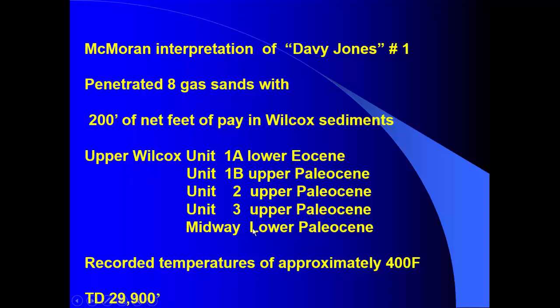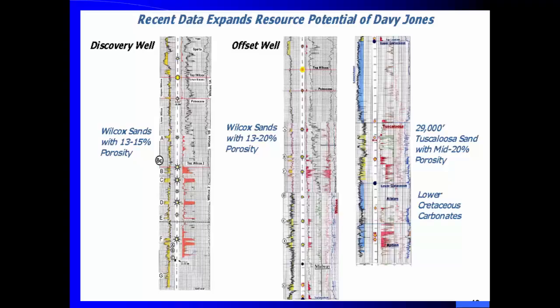These are different units that were formed by Zara from Chevron, and then they felt it went down into the Midway, and the temperatures recorded at the bottom of the well were about 400 degrees, and the well TD'd at 29,900. So this is Macarand's interpretation, which follows along real well with our interpretation.